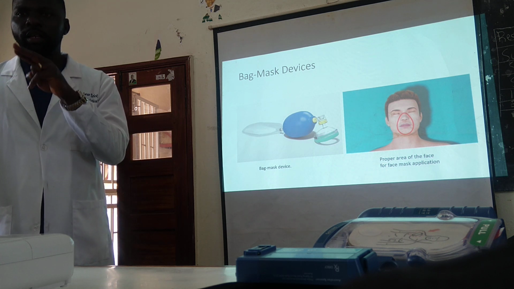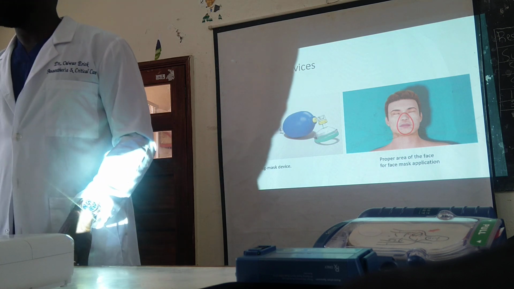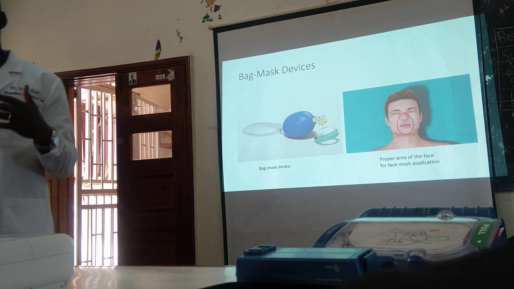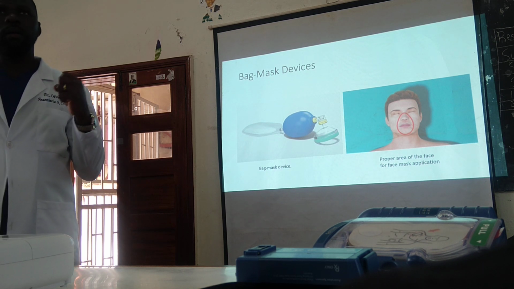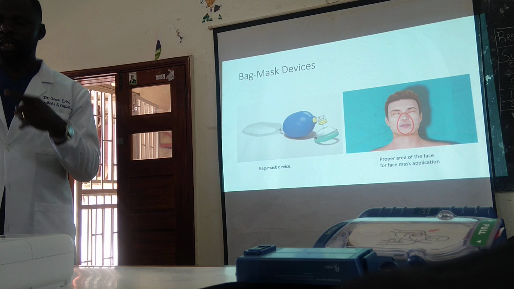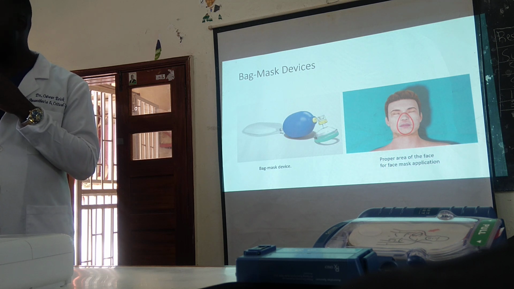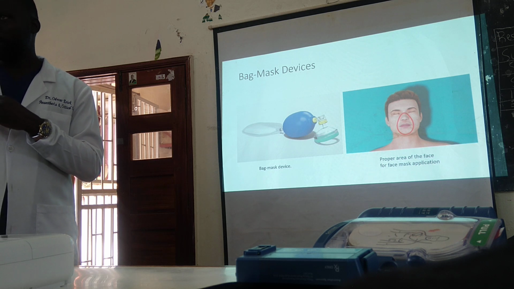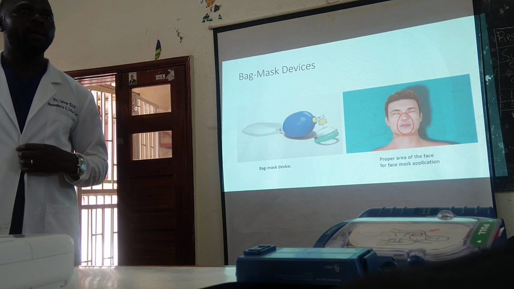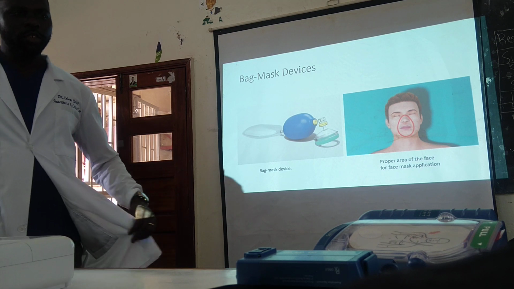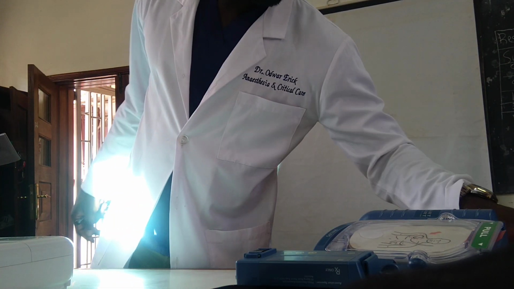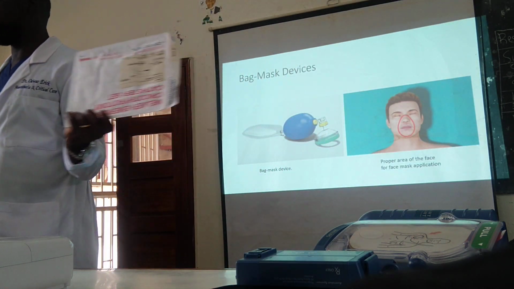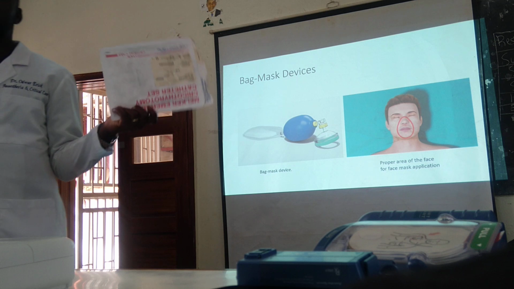Plan B is using laryngeal mask airways, nasopharyngeal airways and oropharyngeal airways. Plan C is using ambubags, bag mask device. Then plan D is using emergency airways, cricothyroidotomy sets, tracheostomy sets.